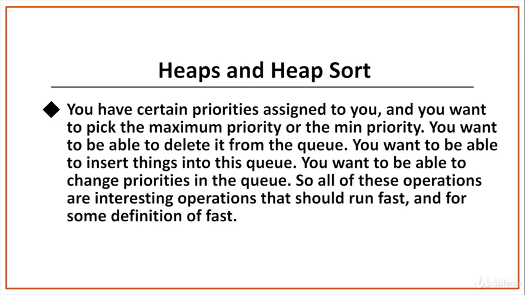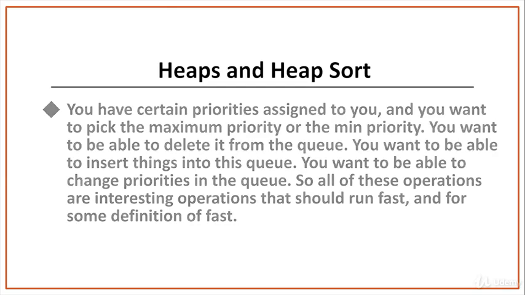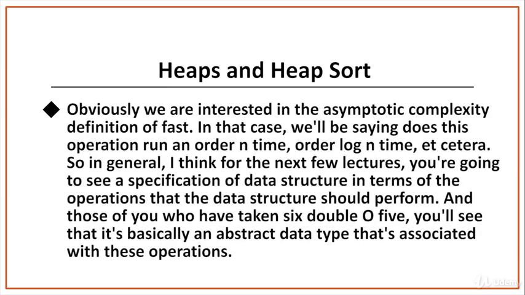So all of these operations are interesting operations that should run fast, for some definitions of fast. Obviously, we are interested in the asymptotic complexity definition of fast. In that case, we'll be saying this operation runs in order n time, order log n time, etc.